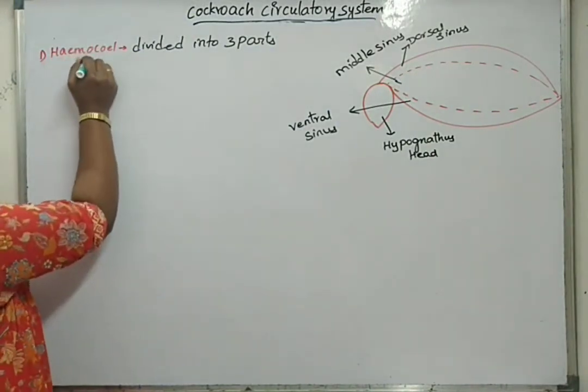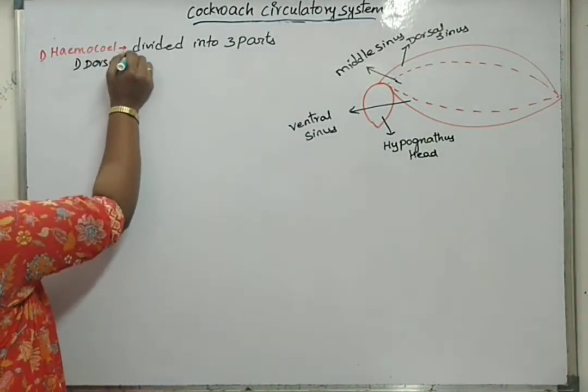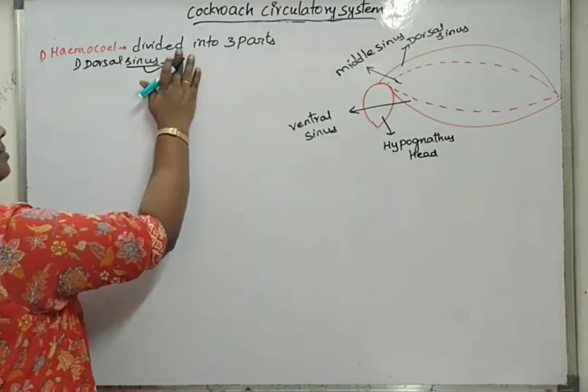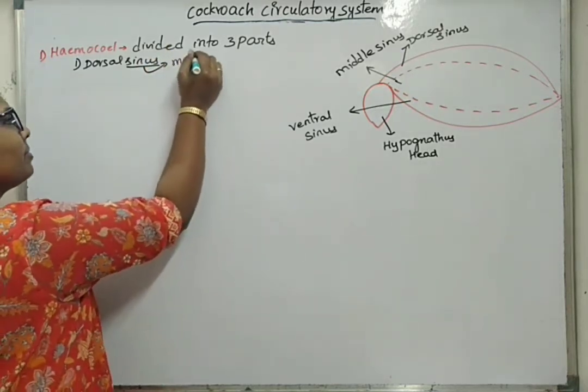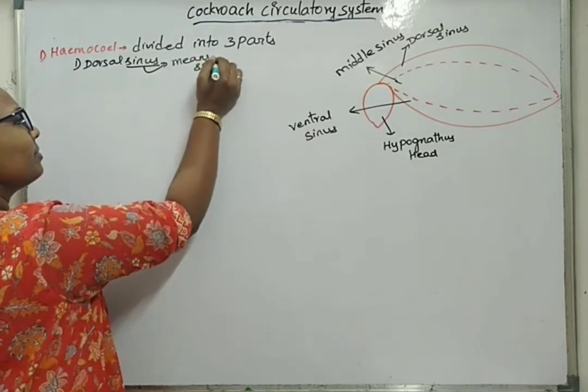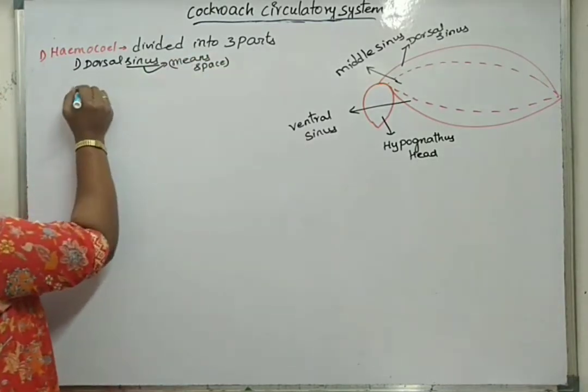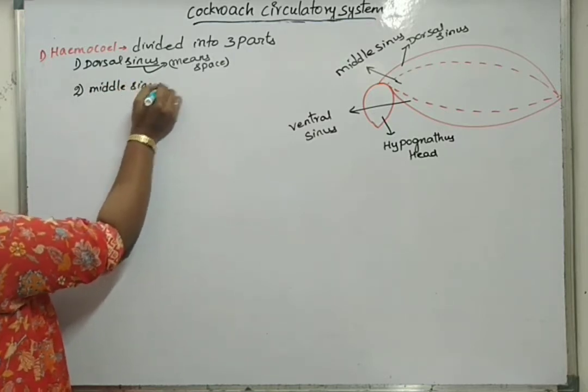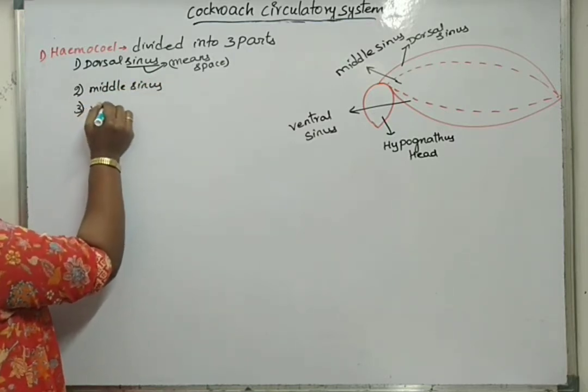So the first one is dorsal sinus. Sinus means space. Second one, middle sinus. Third one, ventral sinus.